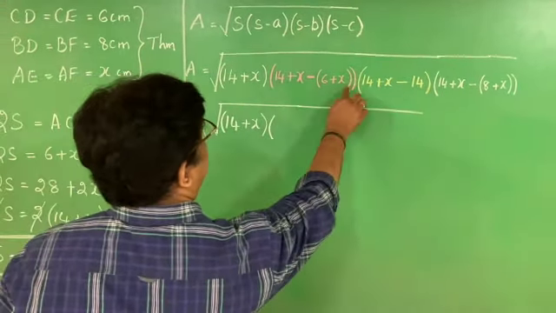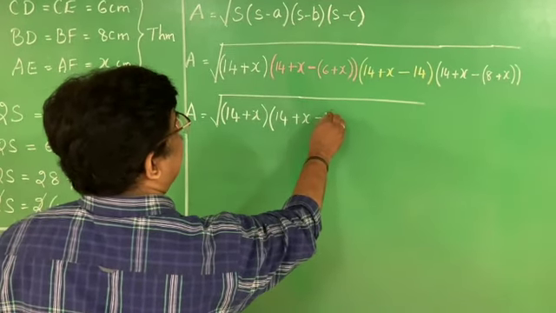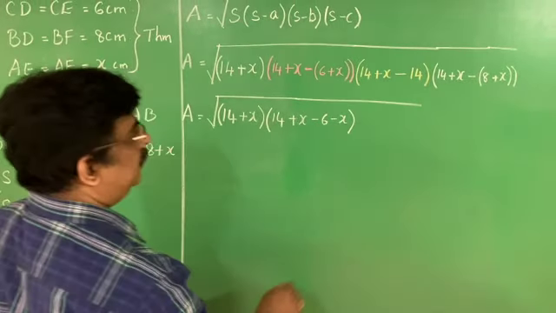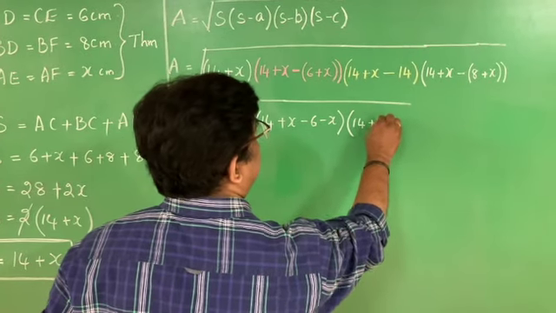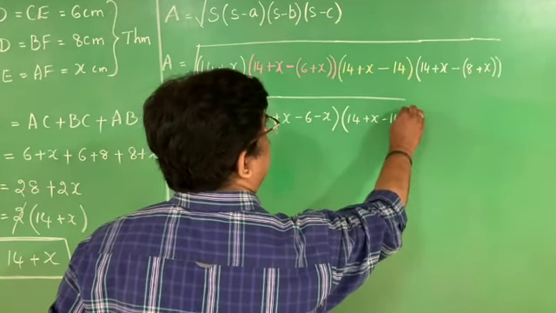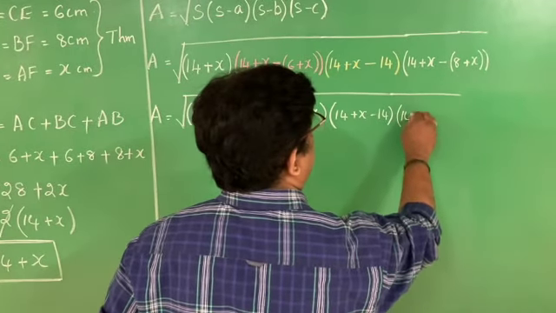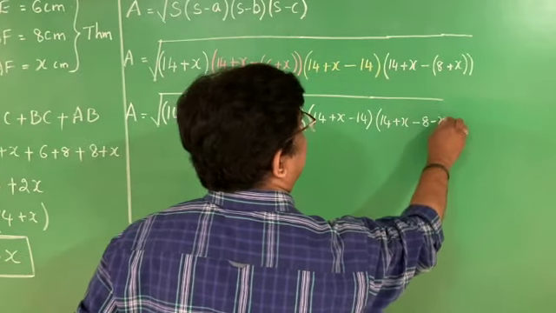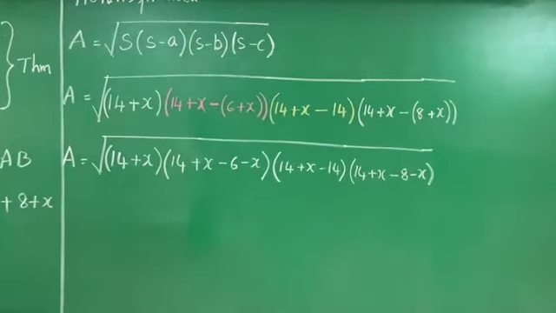Here a double bracket is there: 14 plus x minus 6 minus x. This bracket I remove. Cancellation I do afterwards. Here a double bracket is there, I remove it: 14 plus x minus 8 minus x. Now all the brackets are removed.